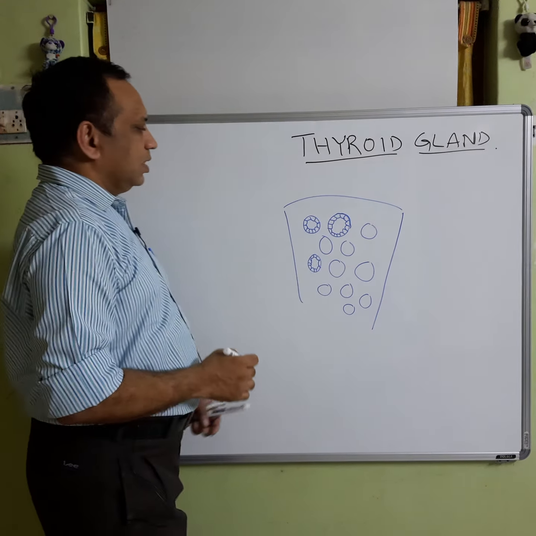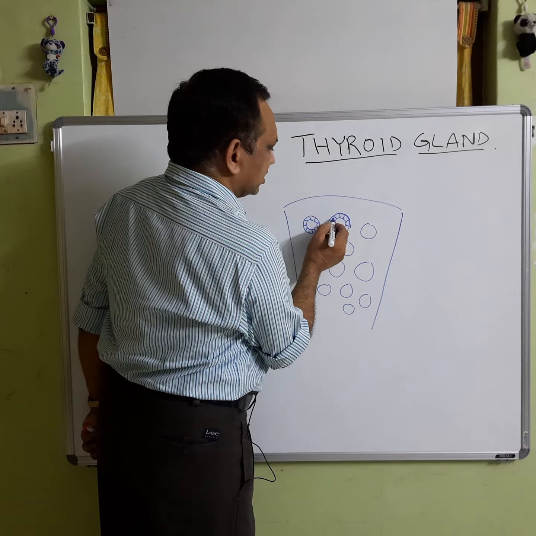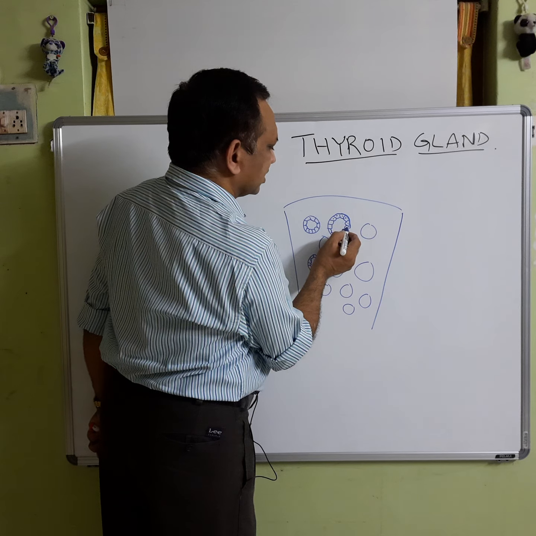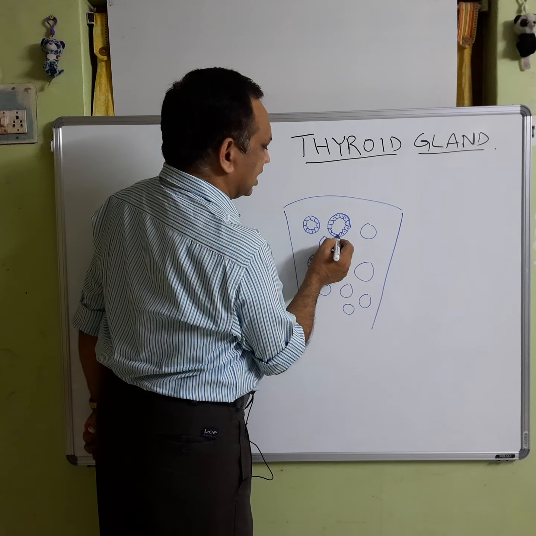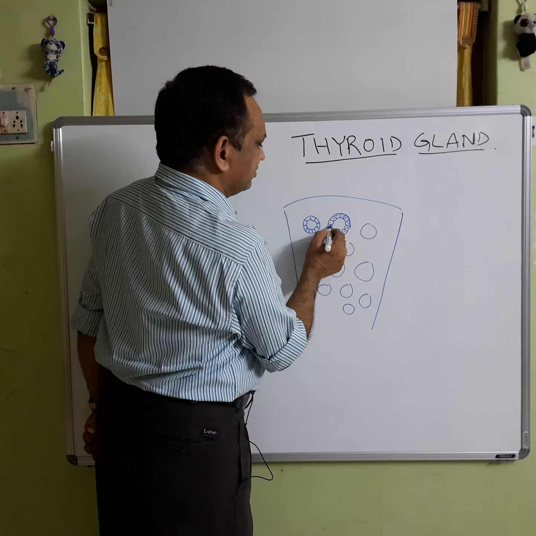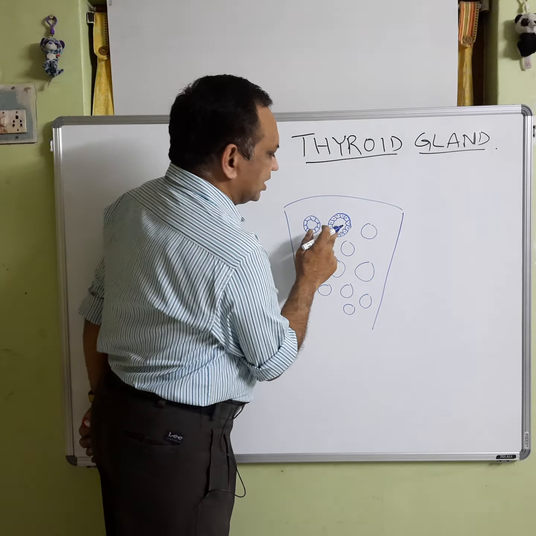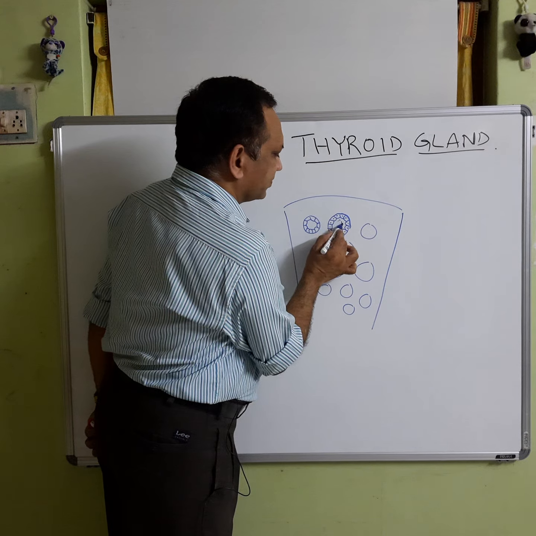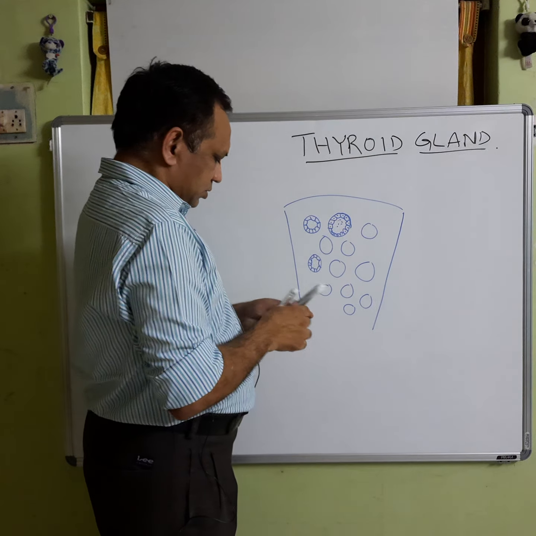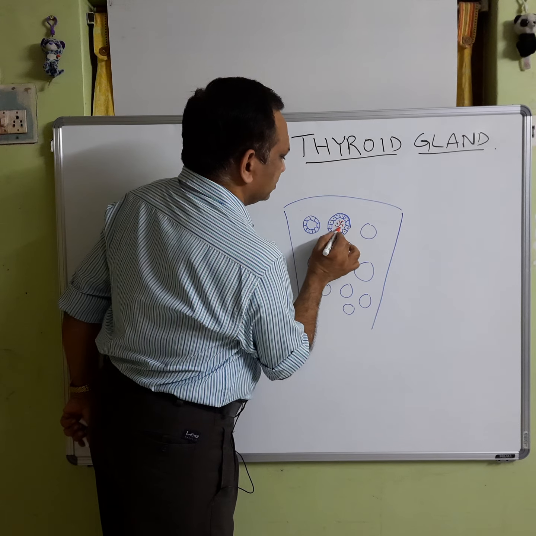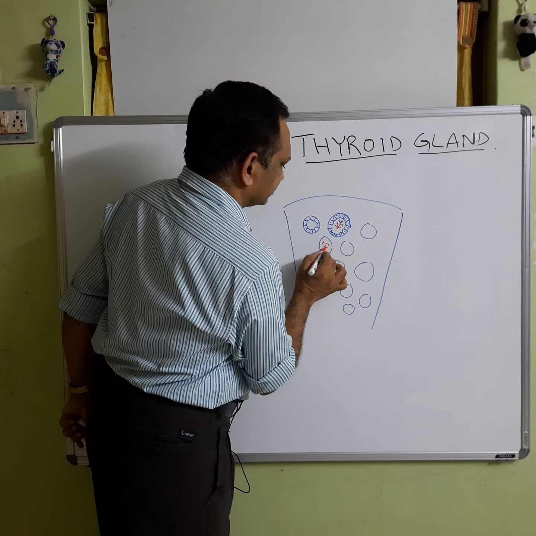So, all the cells are having a circular nucleus in the center. I am drawing it with blue, but they will stain pink, and this follicle is filled with colloid. So, colloid material is present within the follicles.